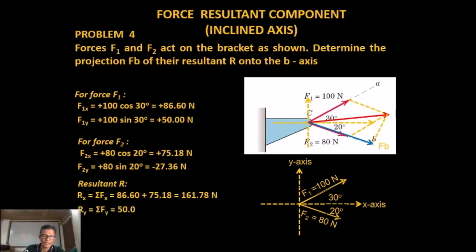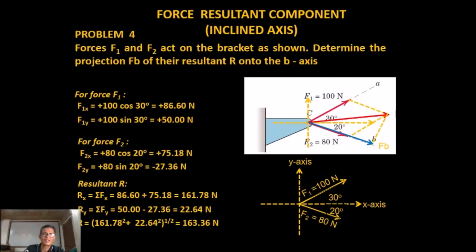And Ry will be equal to the summation of Fy, and that is equal to positive 50 minus 27.36, and that is equal to 22.64. Then, solve for R, Pythagorean theorem, we have R is equal to the square root of 161.78 squared plus 22.64 squared, and that is equal to 163.36.